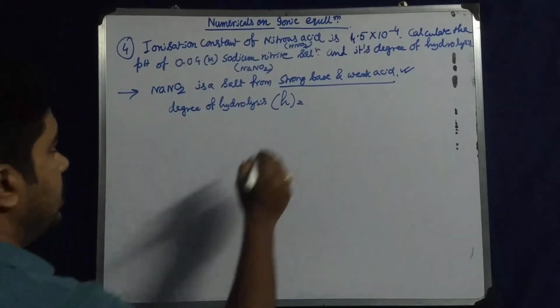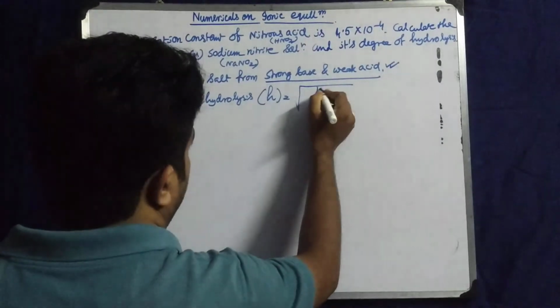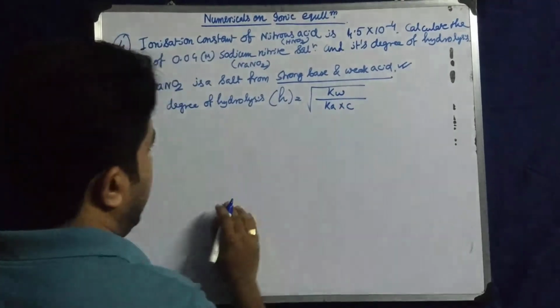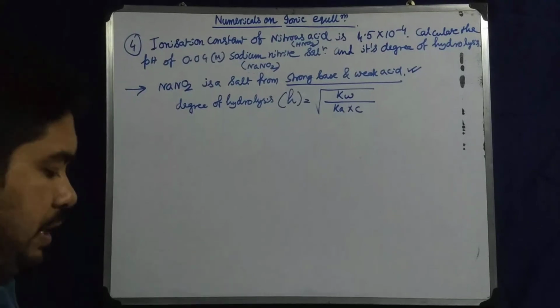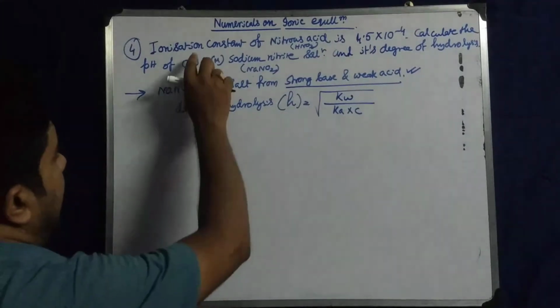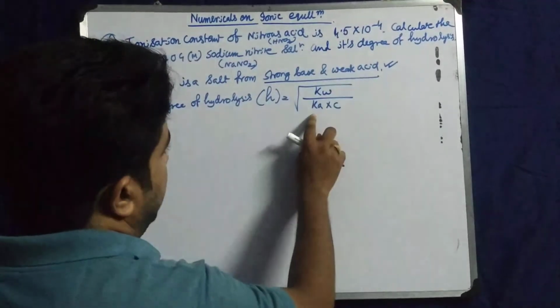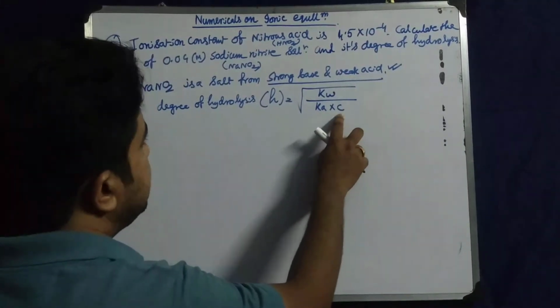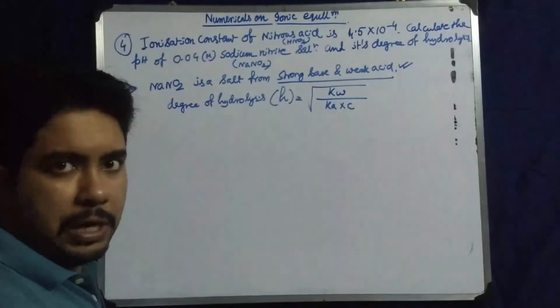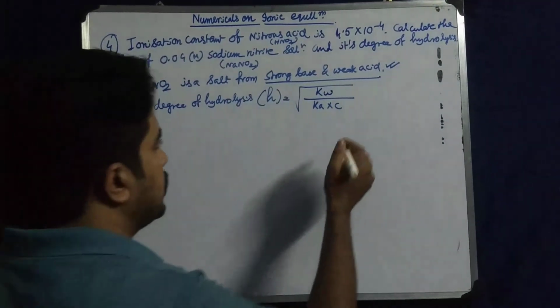So you know that it will be Kw divided by Ka into C. So that is your degree of hydrolysis. You got it already. So what are the values? The values are given. The ionization constant of nitrous acid, obviously Ka is given, C is given as 0.04 molar, and Kw is ion product of water 10 to the power minus 14. It is also given.